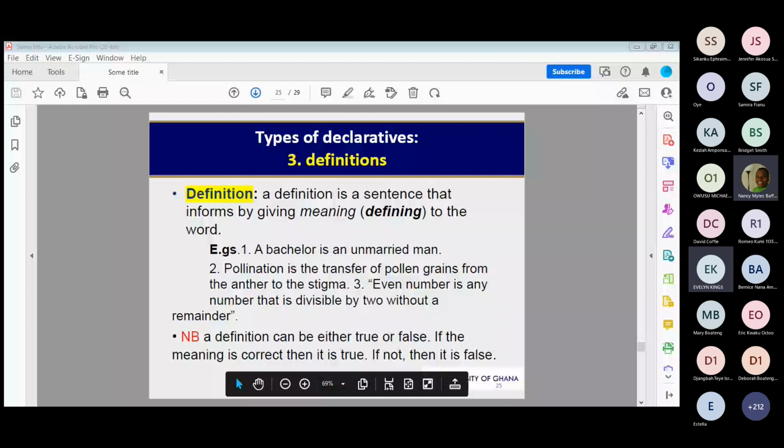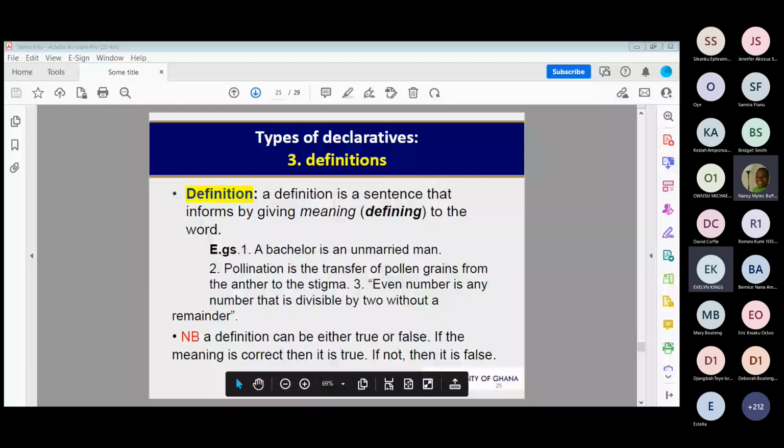1, a bachelor is an unmarried adult male. 2, a bachelor is sitting under the tree.